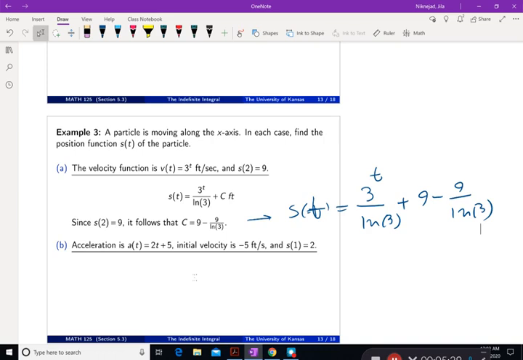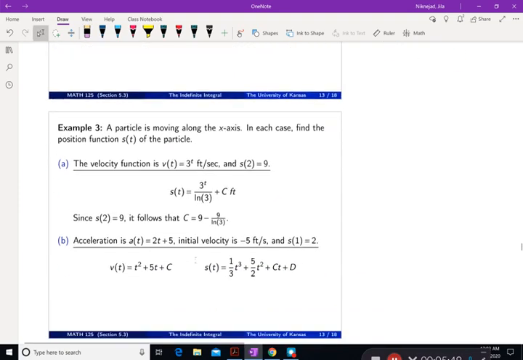Now let's go back. If I take the antiderivative of acceleration, I get velocity and I have an initial velocity for that. If I take the antiderivative of the velocity that I found, then I should find the position function and I have an initial value for that I can use as well. So let's do all of that.